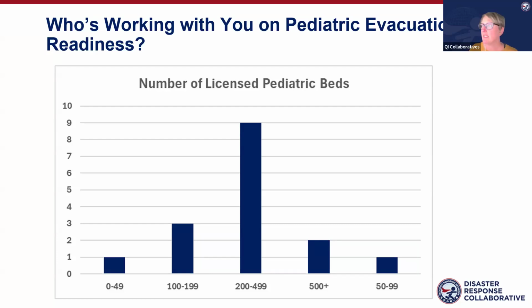You can see there's a nice little bell curve here for the number of licensed pediatric beds. Most are in that 200 to 499 bed range, but we also have hospitals on each side of that as well. So a nice little range there.